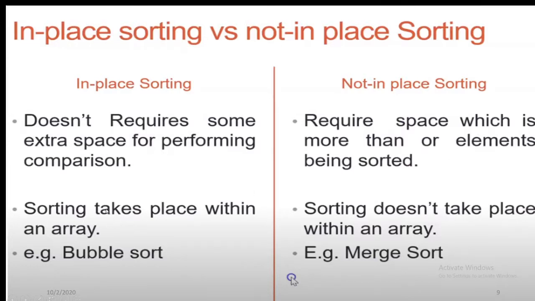In place sorting takes place within an array, while not in place sorting does not take place within an array. The example of in place sorting is bubble sort, and the example of not in place sorting is merge sort. As I already told you, in in place and not in place sorting algorithms, we focus on the space and the storage.